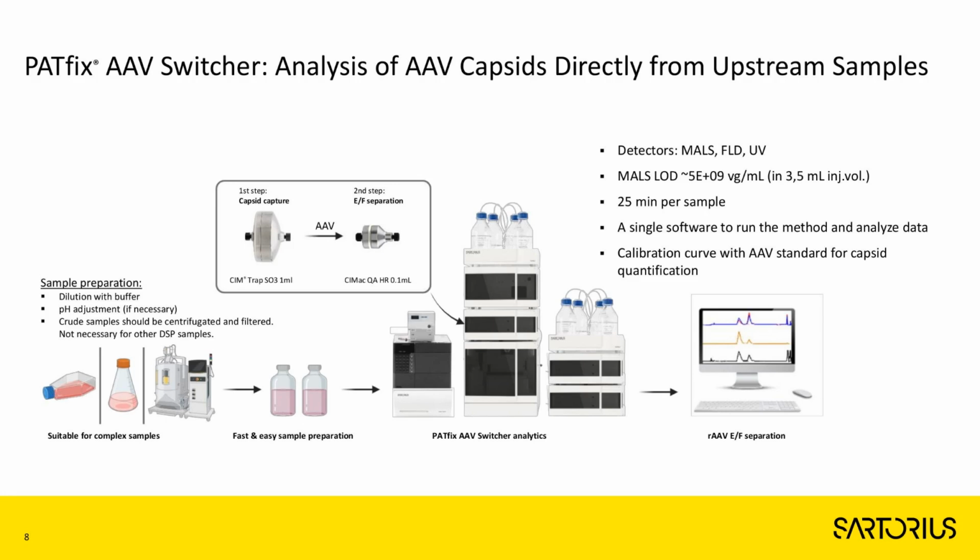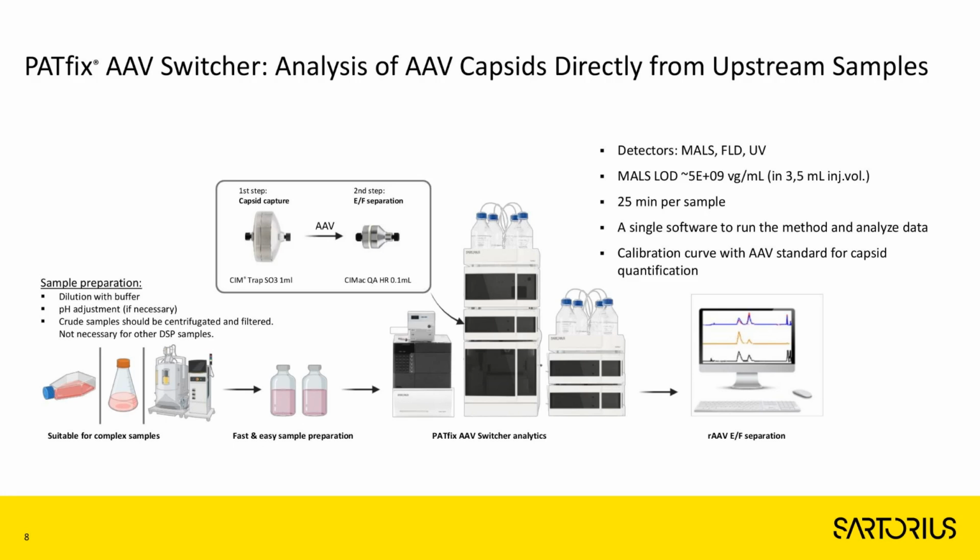Looking at the PATfix Switcher, the first thing to note is that compared to traditional analytics, it's a 2D chromatographic analytical system, where in the first step we capture the capsids from the sample and then do the empty-full separation in the second step.